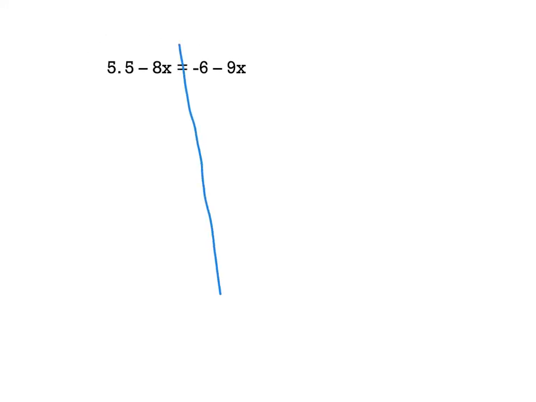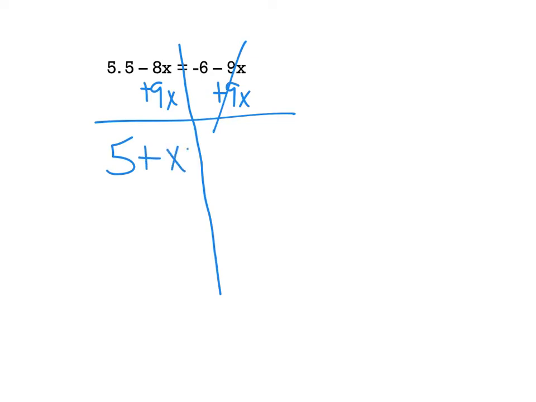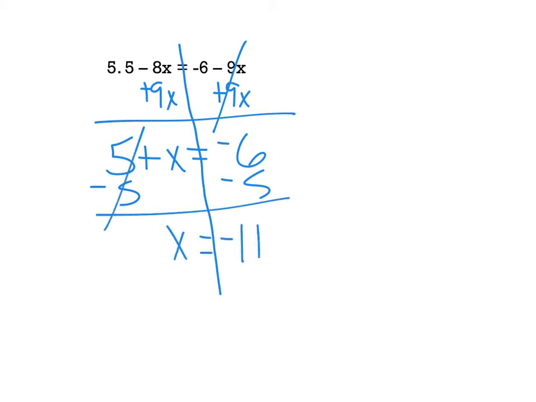You're going to show sides. I want to get a positive variable, so I'm going to move my 9x to the other side. That gives me 5 plus x equals negative 6. Subtract 5 on both sides, and x equals negative 11. You would plug in on both sides and get 5 minus 8 times negative 11.